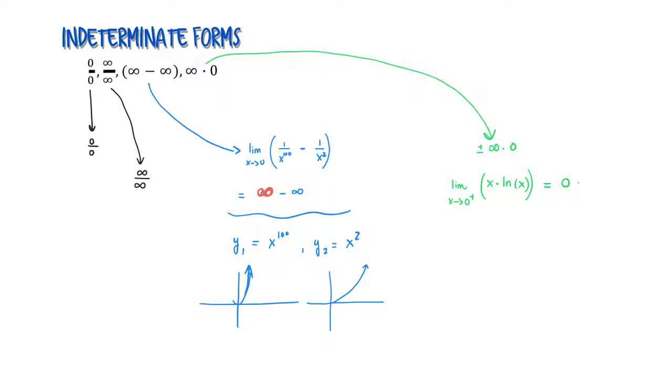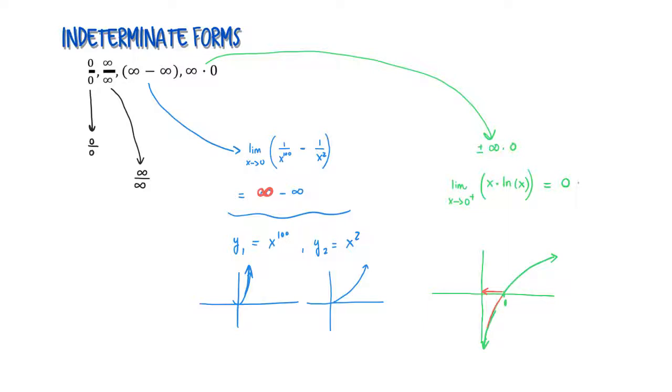What happens to ln x? If you remember the graph of the natural logarithm, in fact, of any logarithm, it is an increasing function like this that approaches the y-axis asymptotically. This is 1 over here. But the point is that as x is approaching 0 from the right, look at the graph.